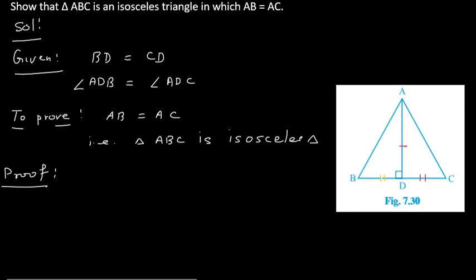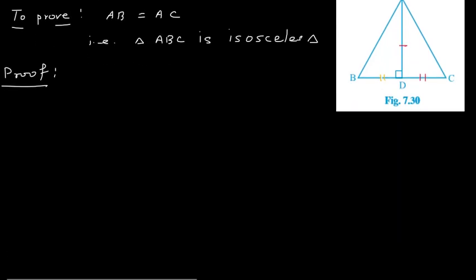So, in the proof I will say that in triangle ABD and triangle ACD, in these two triangles, side AD is common. So, AD equals AD.